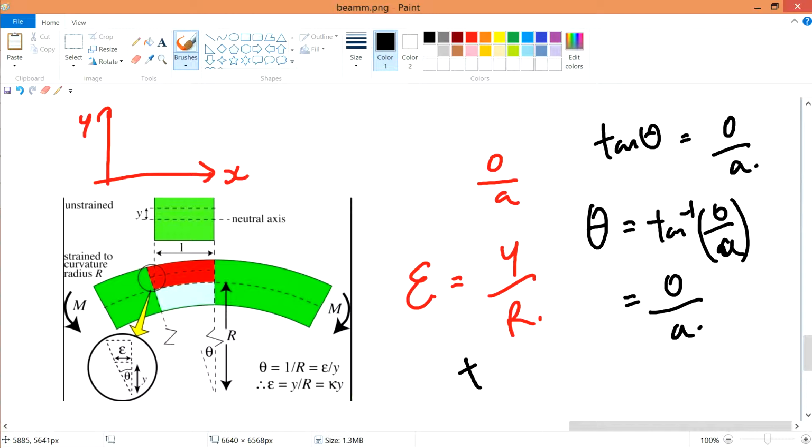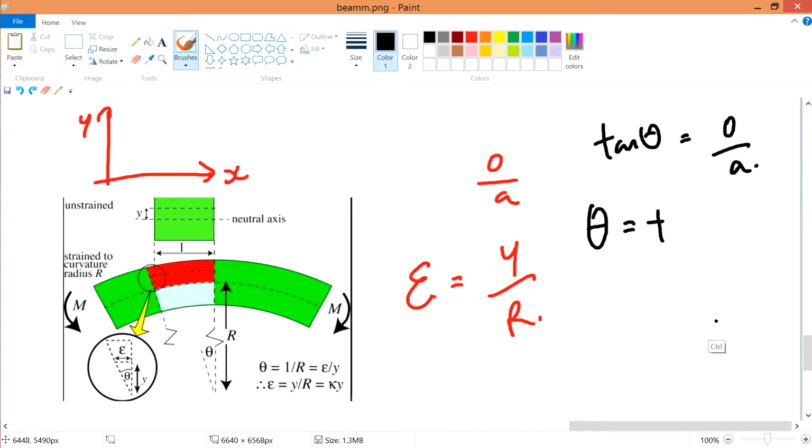If O over A, for example, is 0.05, and you take the tangent inverse, you will get something like 0.049. In terms of radians, please be careful.